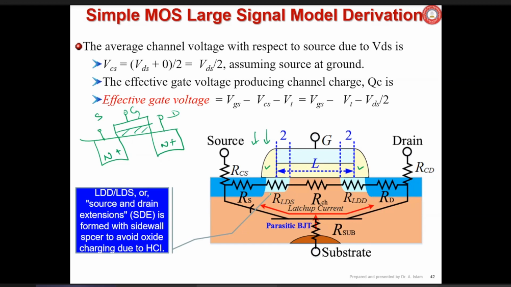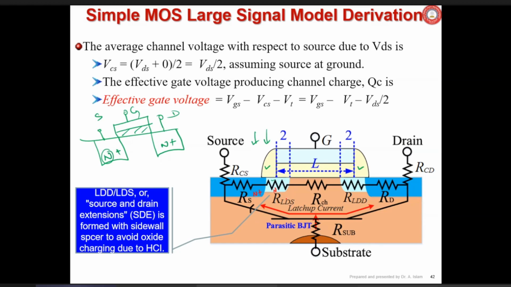Only those having high energy can penetrate and make this a lightly doped N type. This side is N plus type. Here it is N plus, but this is lightly doped N type.